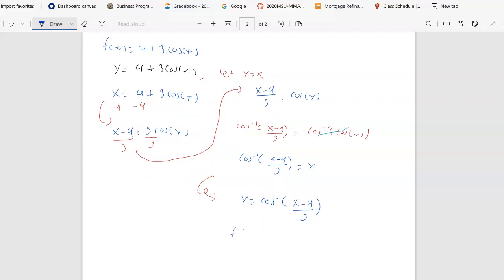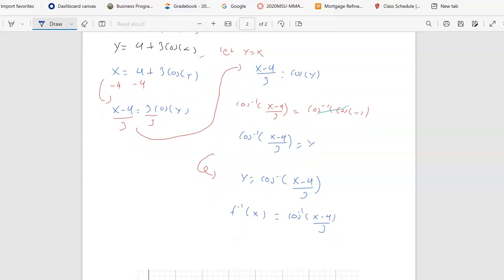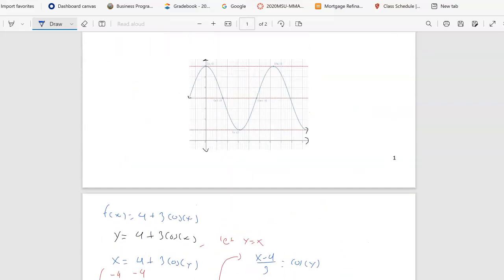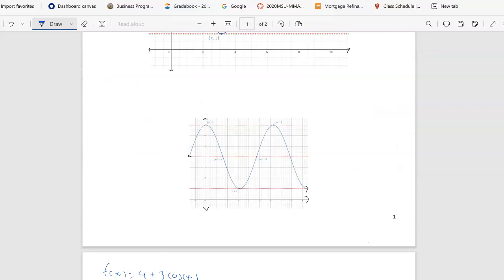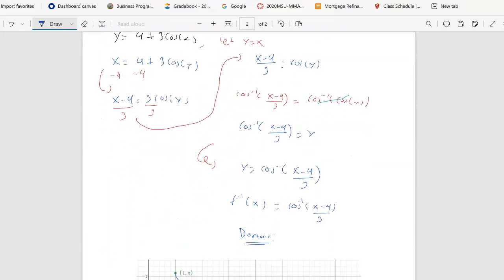Or the inverse function is equal to the cosine inverse of x minus 4 divided by 3. And then I'm just going to say that the domain is technically the range of the previous function, so from 1 to 7.